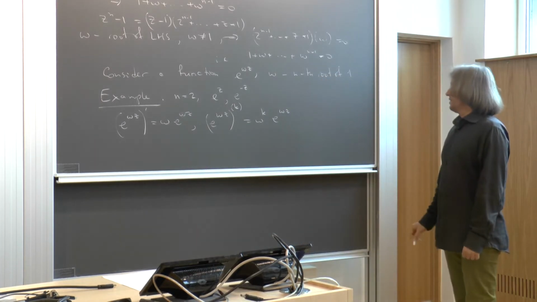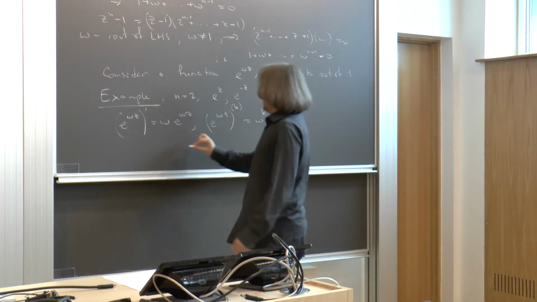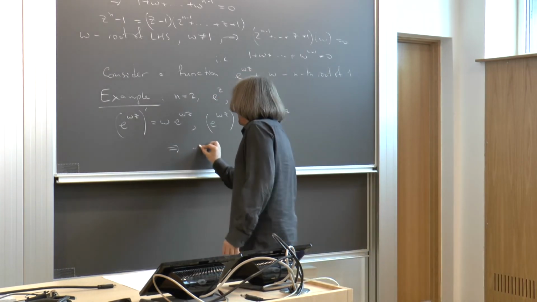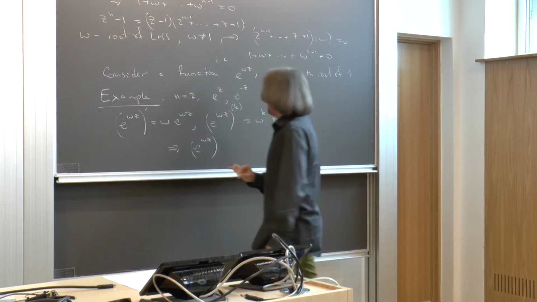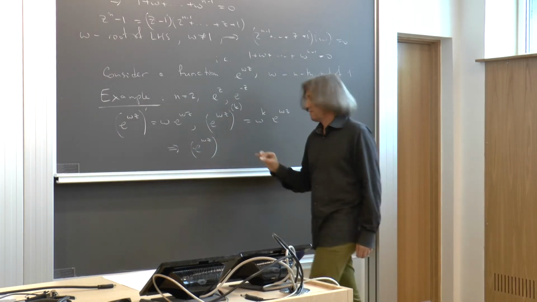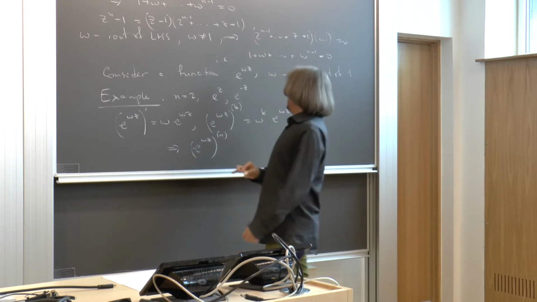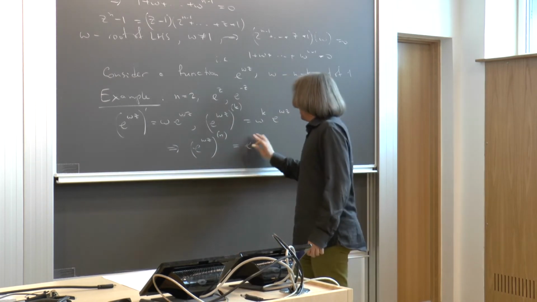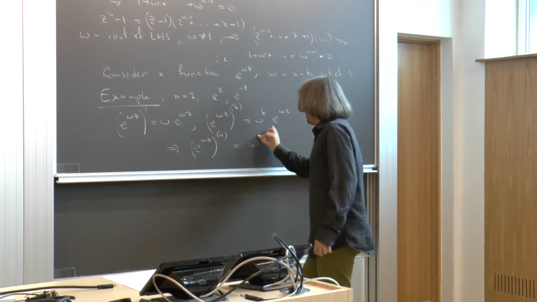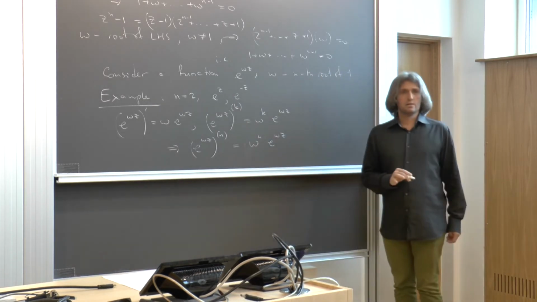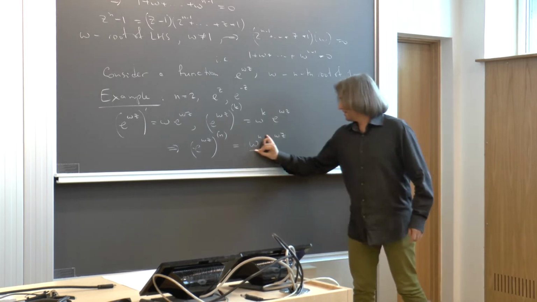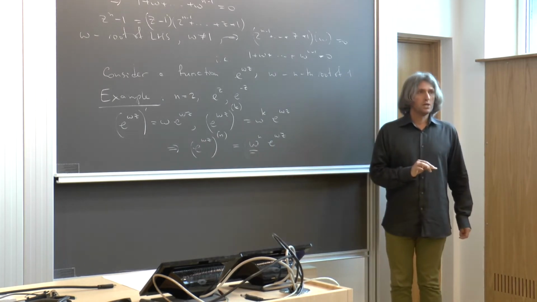Very good. It means that if we differentiate this function n times, then this will be omega to the power n, e to omega z, but this equals 1.